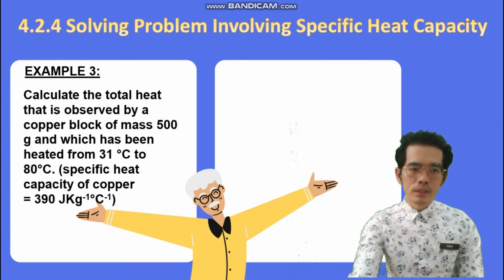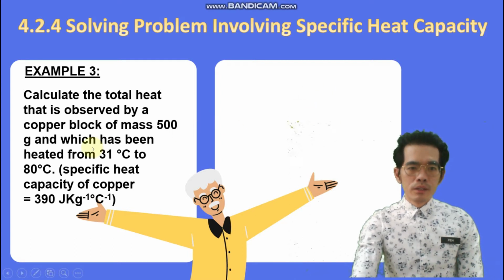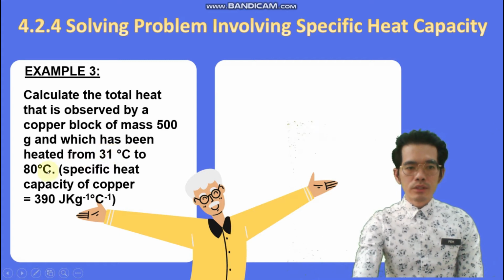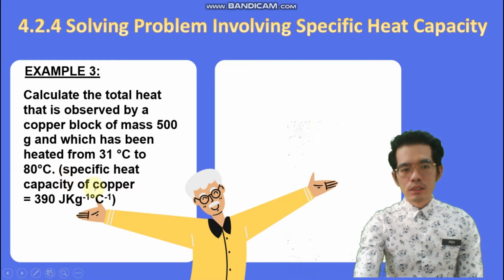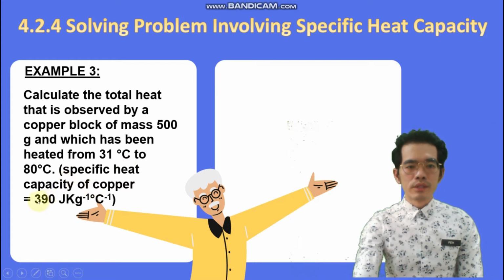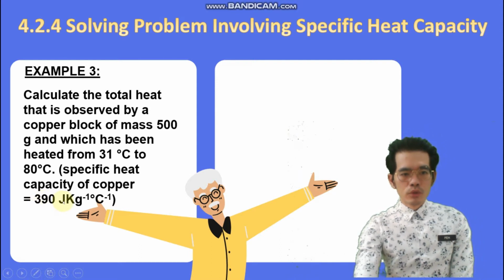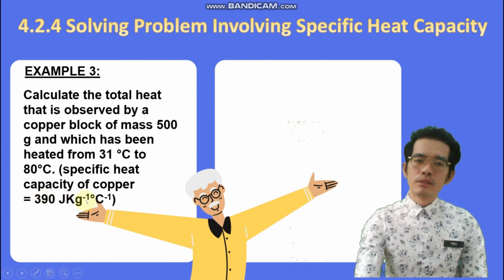Calculate the total heat that is absorbed by the copper block of mass 500 gram, which has been heated from 31 degrees Celsius to 80 degrees Celsius. The specific heat capacity for copper is 390 joule per kg per degree Celsius.